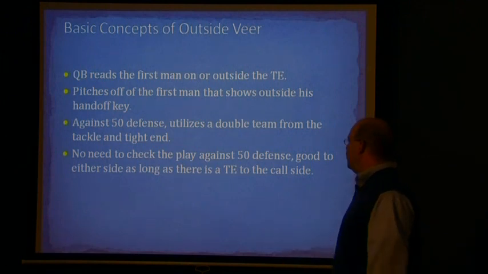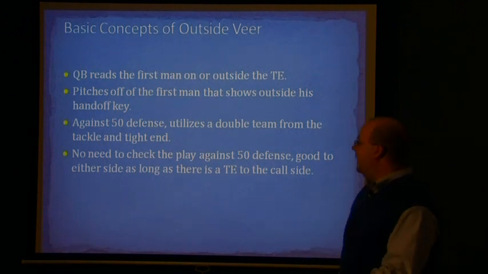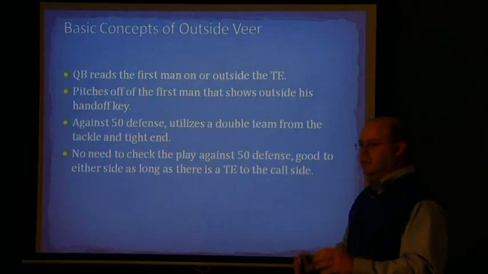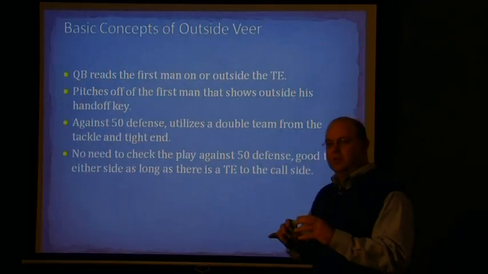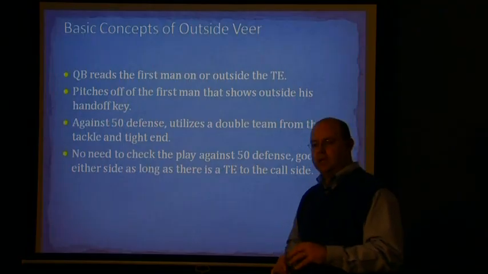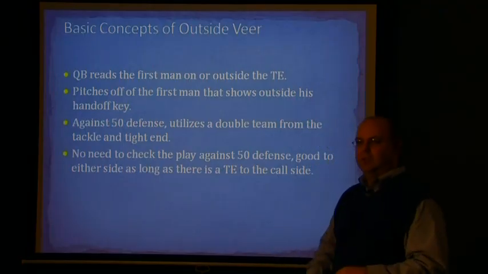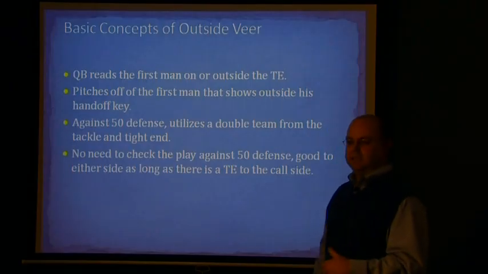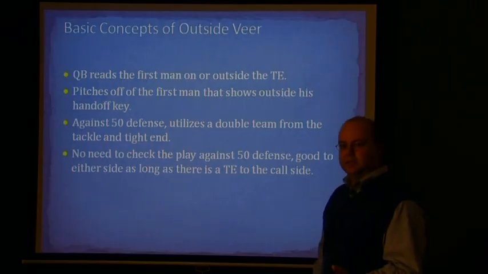Against 50 defenses, it utilizes a double team from the tight end and tackle. The reason that I put that in there is I really think that, going back to the extreme pass rusher, the guy that can really get off the ball and do things, he's usually not your more heavy-legged type player. He's a skill player is what we consider those guys.